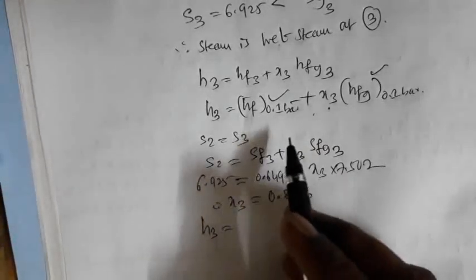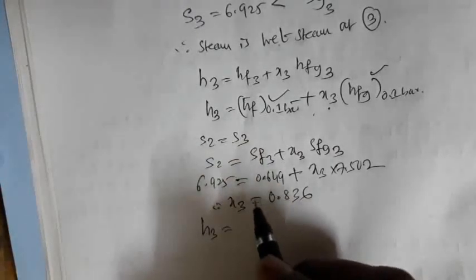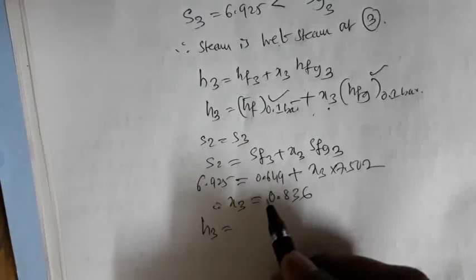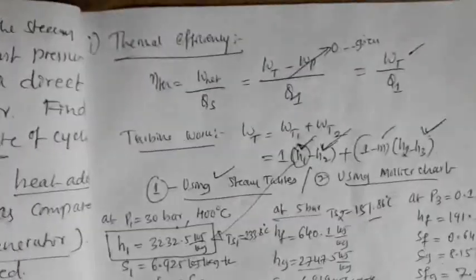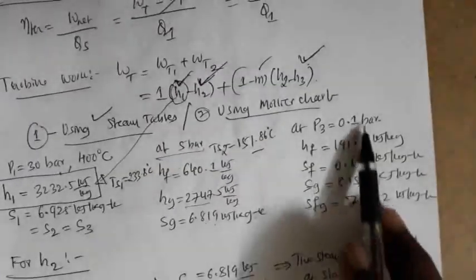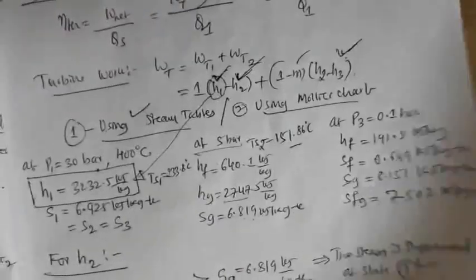So now let's calculate H3. H3 is HF at 0.1 bar from the noted values. These are the properties at 0.1 bar. You can pause and check the values. These values I am going to substitute here.